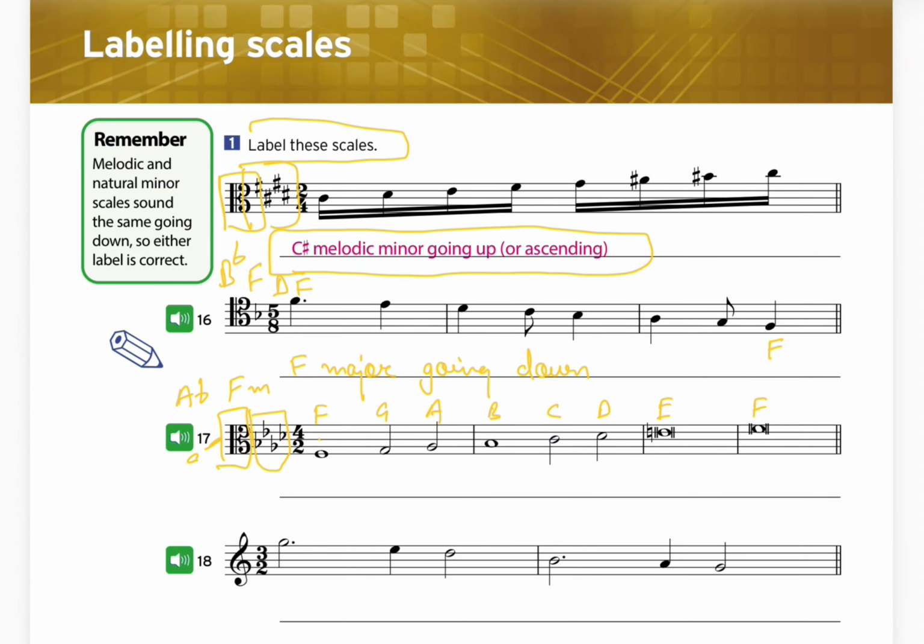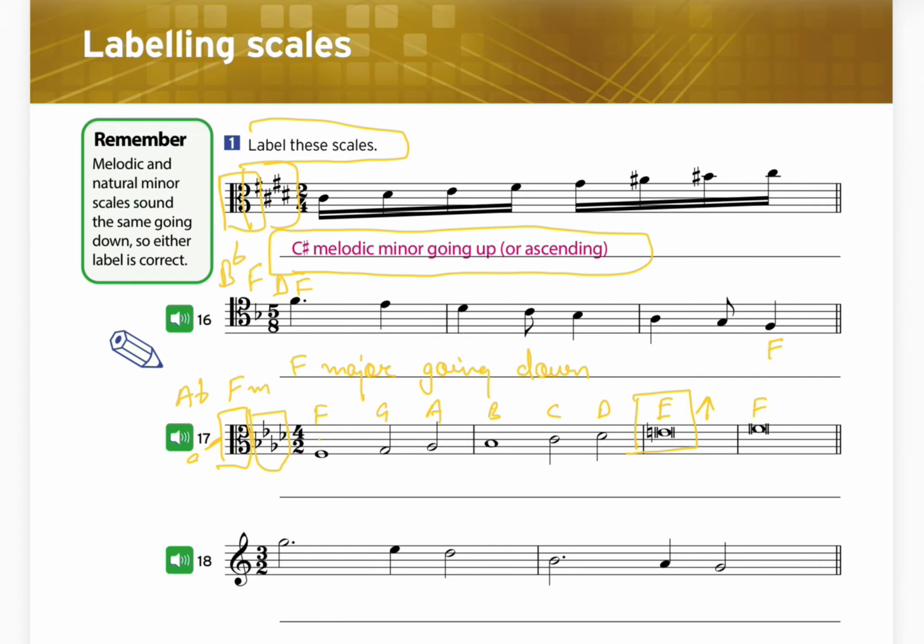Now, if it is a minor scale, is it natural minor, harmonic minor, or melodic minor? Then we'll check the accidentals. Now we can see here this E note has been put in with an accidental, which is natural. That means this was supposed to be flat, but we have raised it by a semitone and it became a natural note. That means the 7th degree has been raised. So in which scale do we raise the 7th degree?